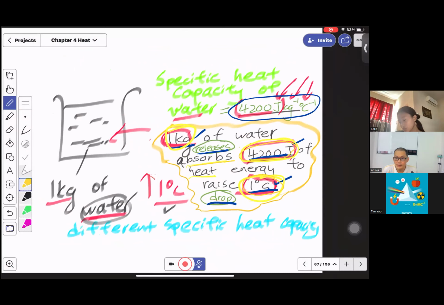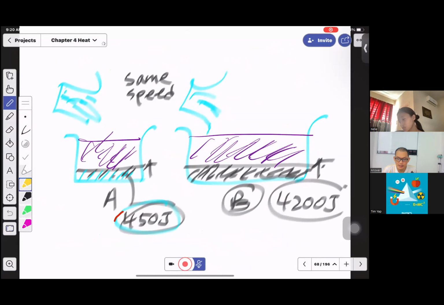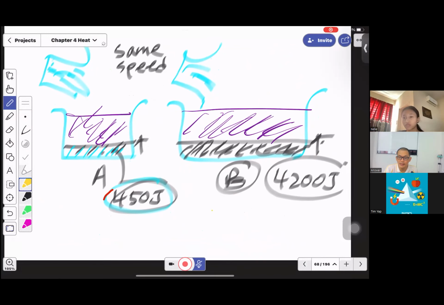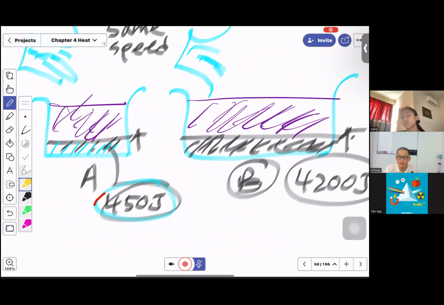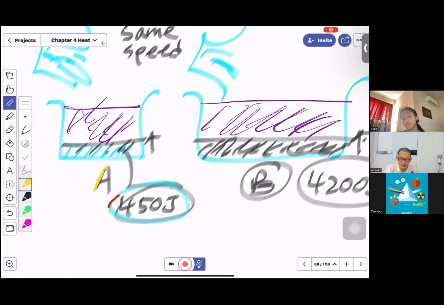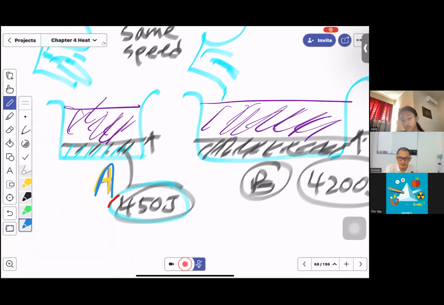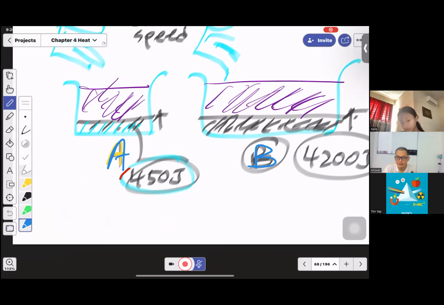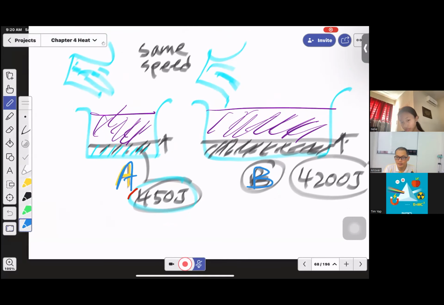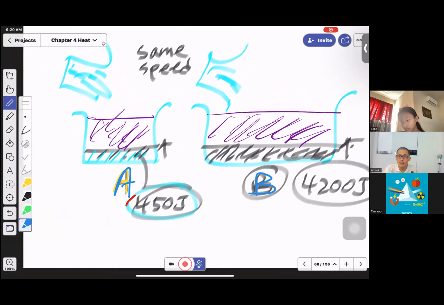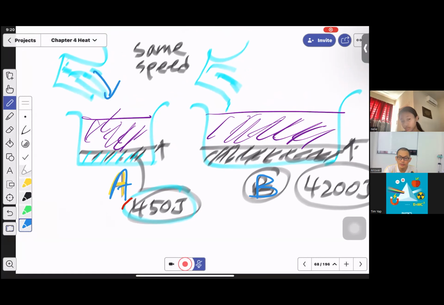All right. Now, maybe you can try to think in this way. Try to assume that I have two containers. Two containers, on the left-hand side is A, right-hand side is B. I pour the water into these two containers at the same speed.